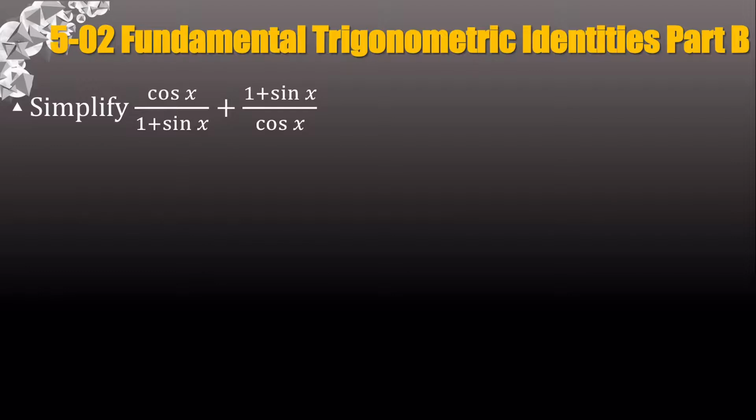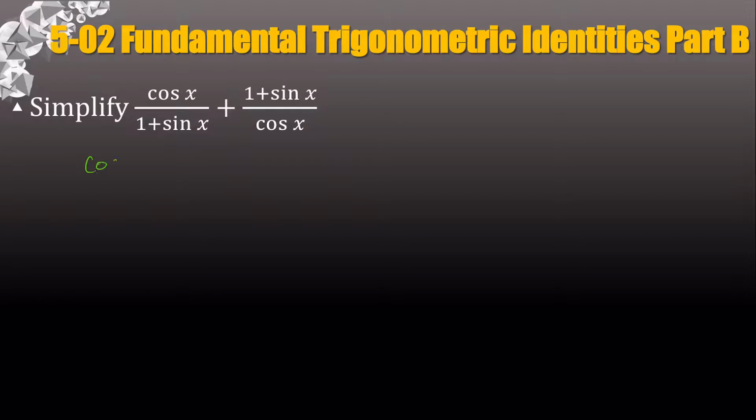Let's try another one. Simplify these. Looks like we're adding fractions. Well, to add fractions, we need a common denominator. So on the first one, I need to multiply by cosine. My common denominator would be 1 plus sine times cosine.